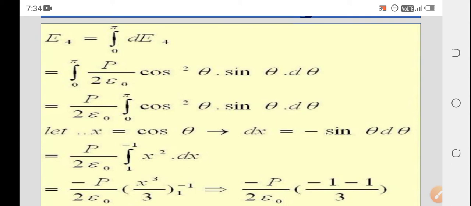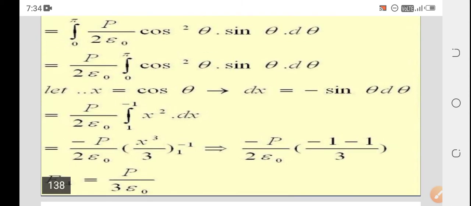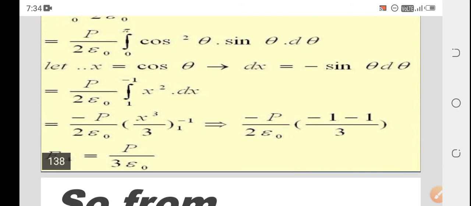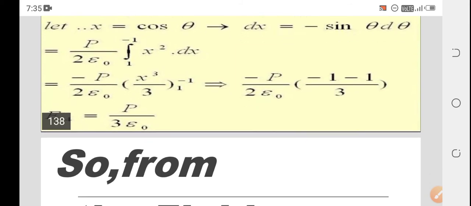P by 2 epsilon naught, integration from 1 to minus 1 of x square dx, is minus P by 2 epsilon naught times x cube by 3 from 1 to minus 1. After further simplification, minus P by 2 epsilon naught times minus 2 by 3, that will be P by 3 epsilon naught.